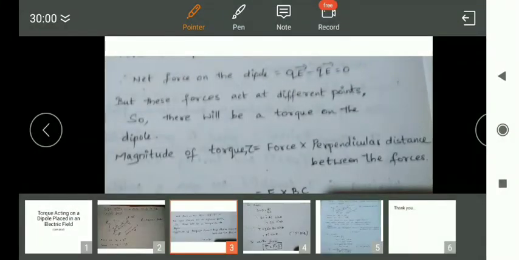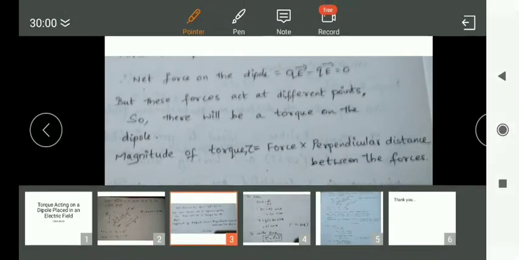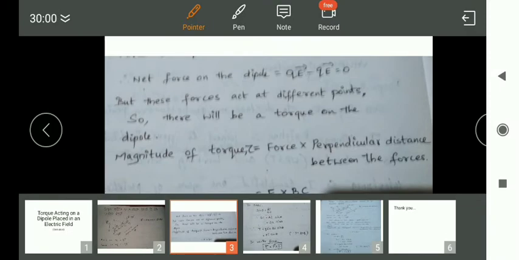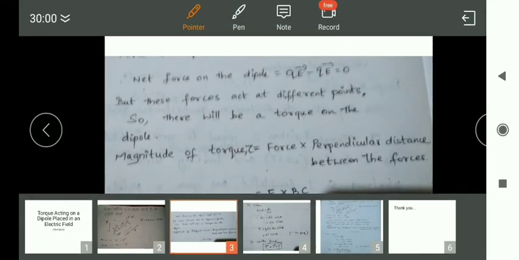So the net force acting on the dipole is qE minus qE, two charges plus q and minus q. So net force, total force will be 0. Net force is 0 because E is uniform. But these forces act at different points, correct?